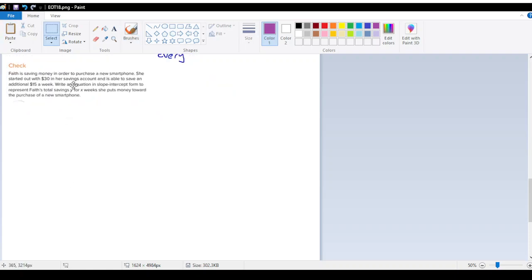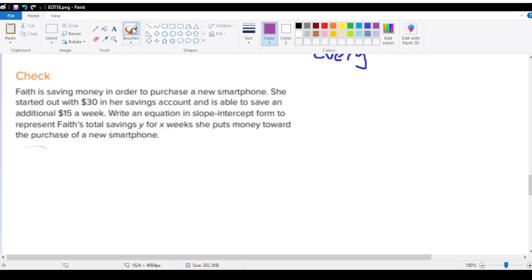Okay, can you see the check now? Faith is saving money in order to purchase a new smartphone. She started out with $30 in her savings account and she is able to save an additional $15 a week. $15 a week means each week.